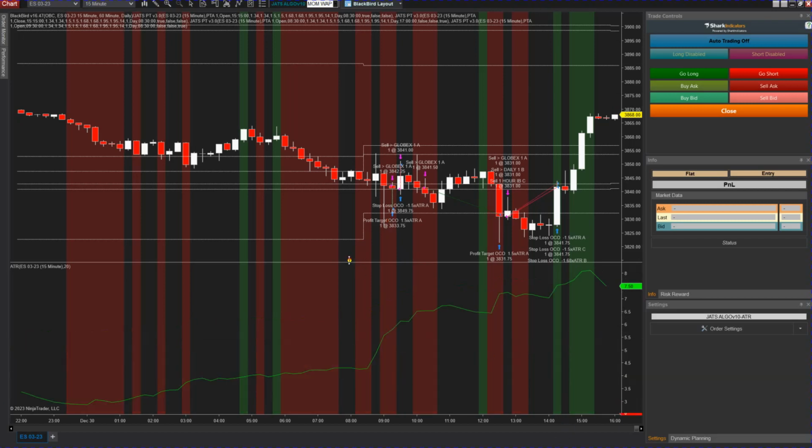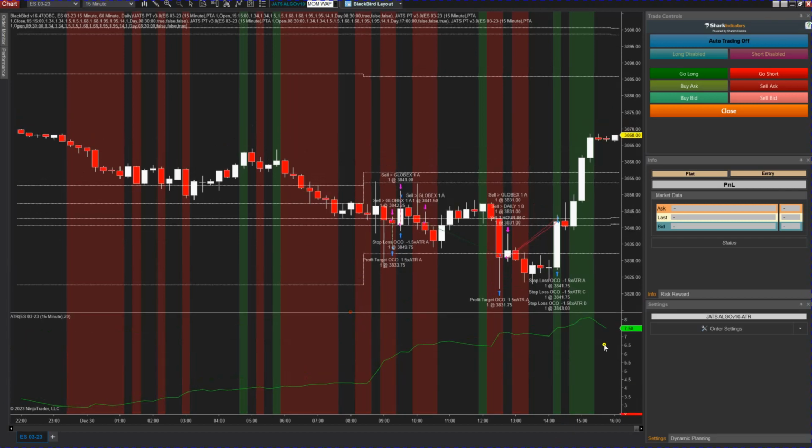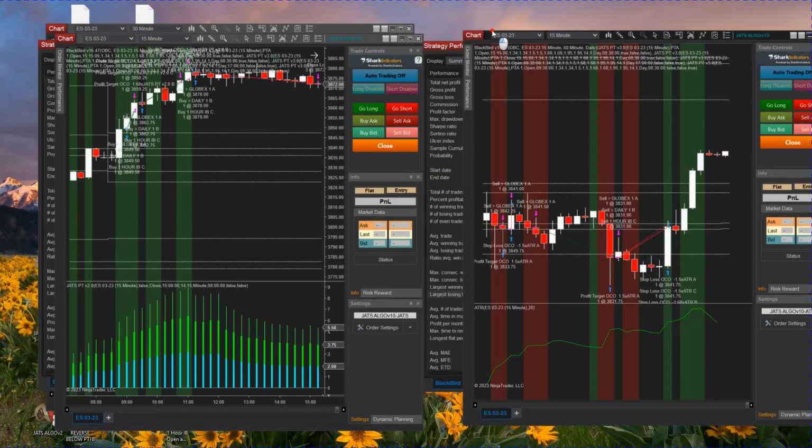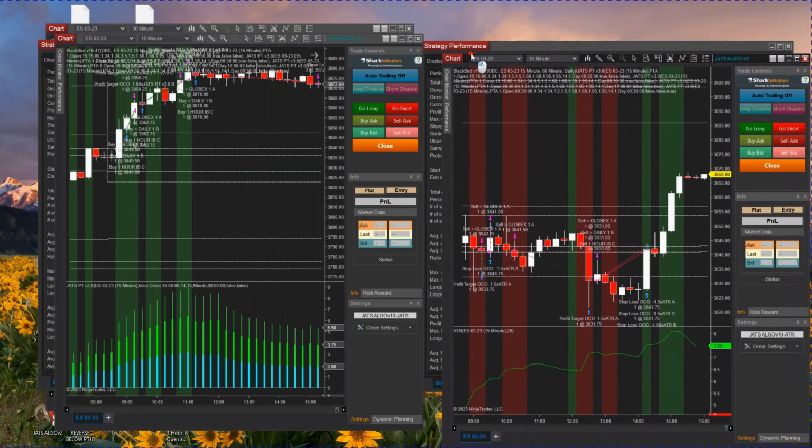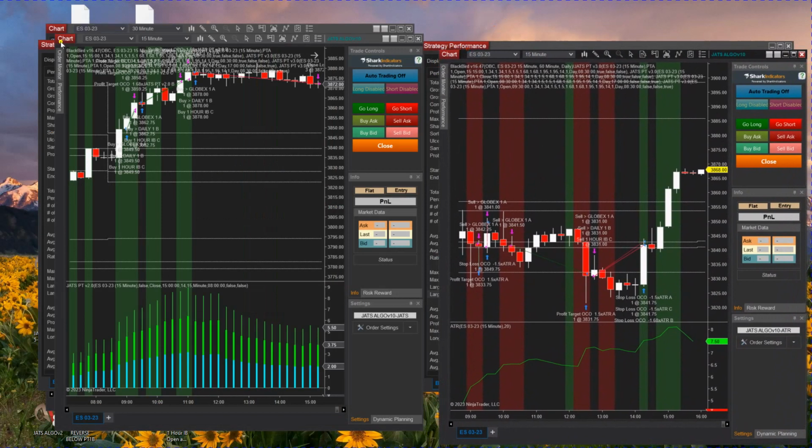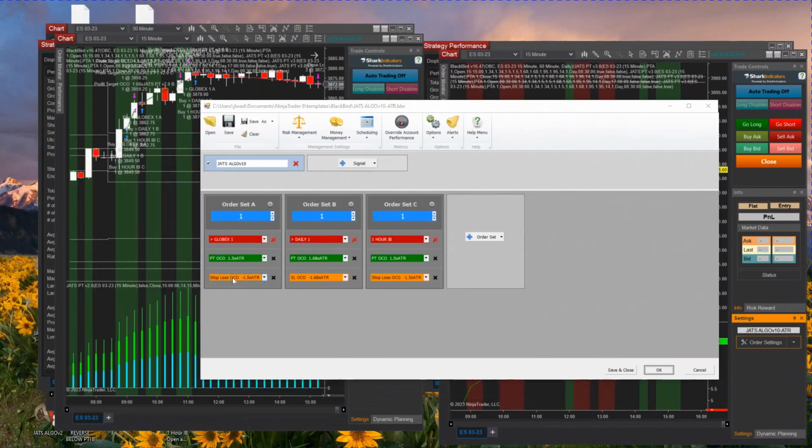Interesting. The threshold automatically calculates on ATR, and that is commonly used in the industry to dynamically set volatility stops and targets. In fact, it is set as a preset in Shark Indicator's Blackbird tool. You can get an automatic stop loss.